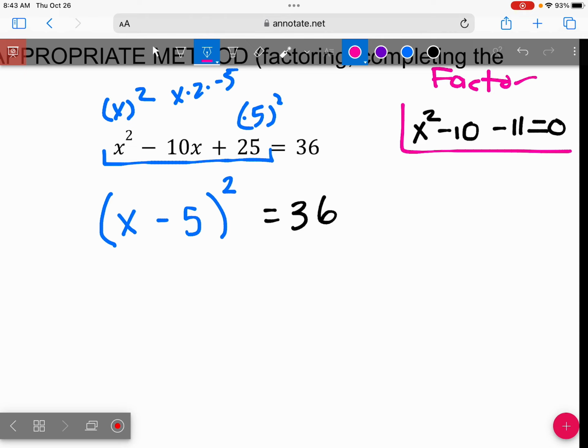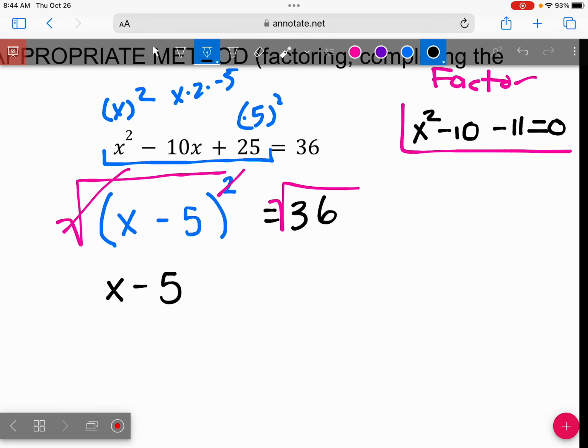I'm going to do it with the square roots because that's the way that I did it on the answer key, so we see it. Because here I could square root both sides. My square root and my square cancel out. And we get that x minus 5 equals plus or minus square root of 36, which is 6.